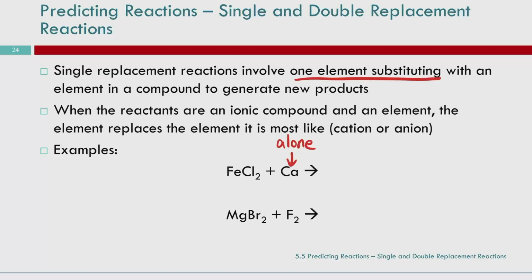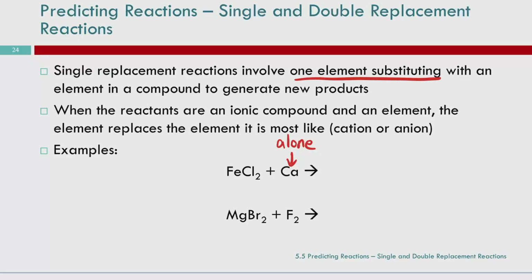Right, so our calcium in our top example is the element that is by itself. It's going to replace only one of these two elements. It's either going to replace the iron or it's going to replace the chlorine. And so we have to choose which of those two is most like our calcium.